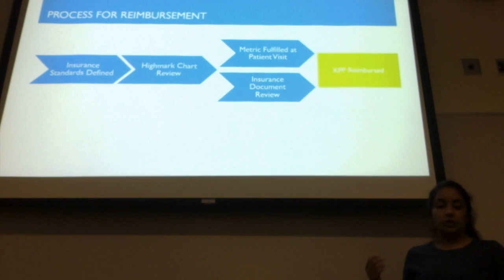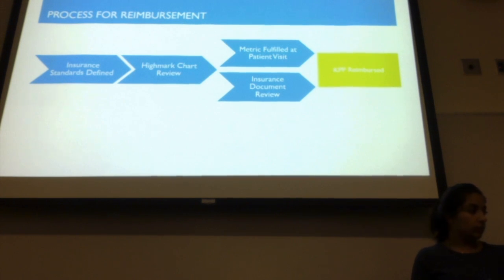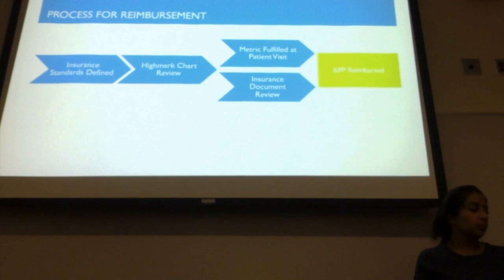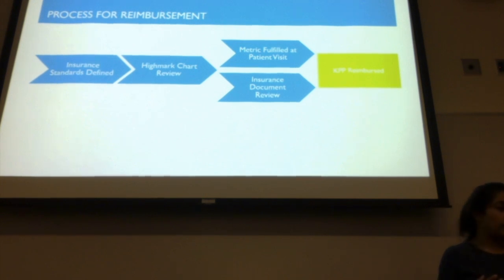From that, the insurance company will decide which measure they want to audit at that point in time and choose a certain number of charts from KPP to review. They will choose either the entire chart or aspects of the chart so that they can thoroughly conduct their audit. And whether or not the patient meets that measure depends on whether they have gone in for a visit that would capture that measure.